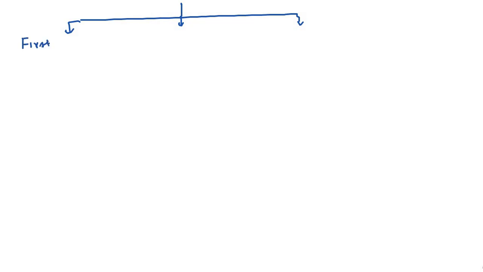There are first order systems, that means first order control systems. There are systems of second order, so second order control systems. And you have higher order control systems.